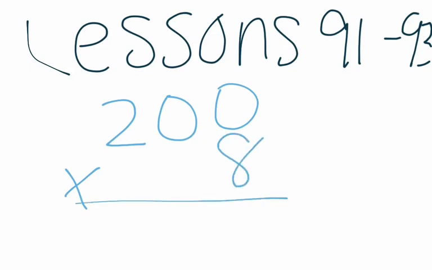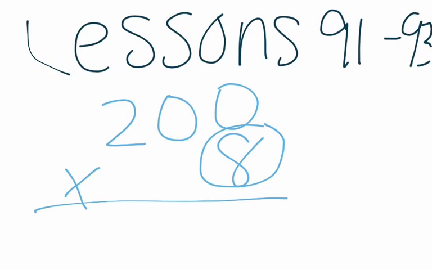Okay, so on lesson 91, which starts off on page 495, if you remember, we did multiplying by 3-digit numbers. Remember, this is just a review, so we're just recapping super fast. We talked about how every single number has to be multiplied by this number, just like if we were doing 2-digit multiplication.